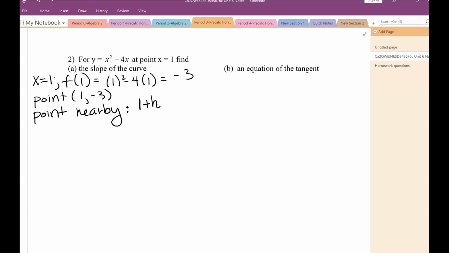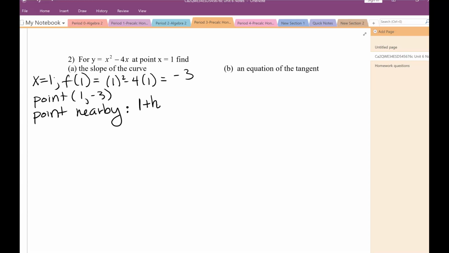Now I'm going to write this. What do you think h is if I write 1 plus h? Couldn't h be that small value, 0.0001, or if I wanted to, on the other side, negative something? So that's what h is. h is the gap between the actual point and somewhere to the right or the left.